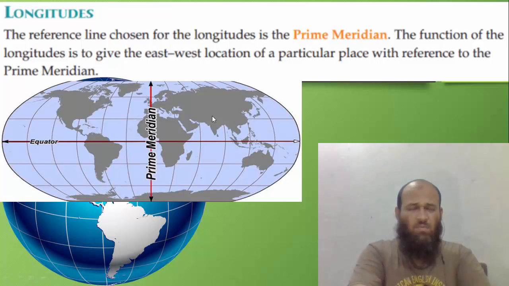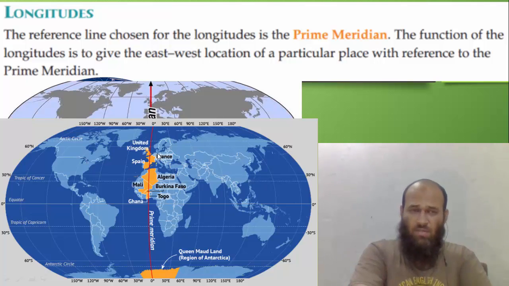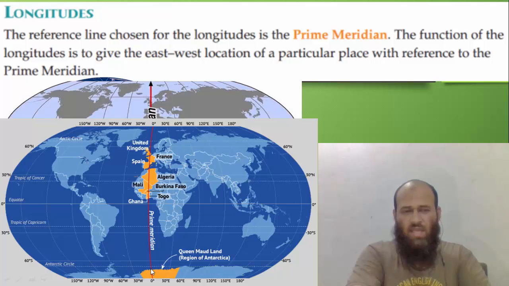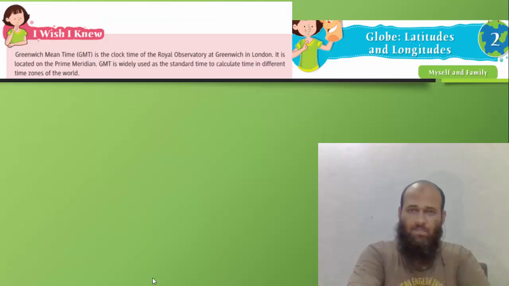Let's find more details about it later. But here, the prime meridian passes through England, France, and Togo, then again through regions of Antarctica.